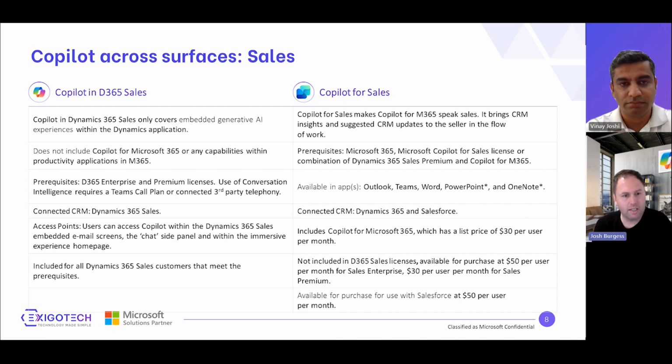As you saw in the previous slides, Copilot for Sales will actually connect to the likes of Salesforce, whereas Copilot in D365 Sales just works with D365 Sales. So if you're not using D365 Sales, as I mentioned before, you can get that complete Copilot experience in your M365 environment via Copilot for Sales.